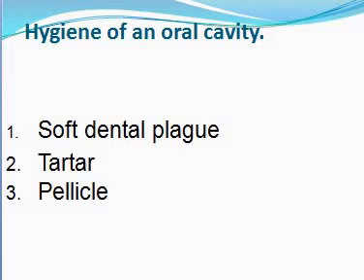As the basic parameters of hygiene definition of quantity, soft dental plaque, dental tartar, and pellicle are used. The process of accumulation depends on autopurification, where irritants in plaque inflame the gums, making them tender and easily bleeding.